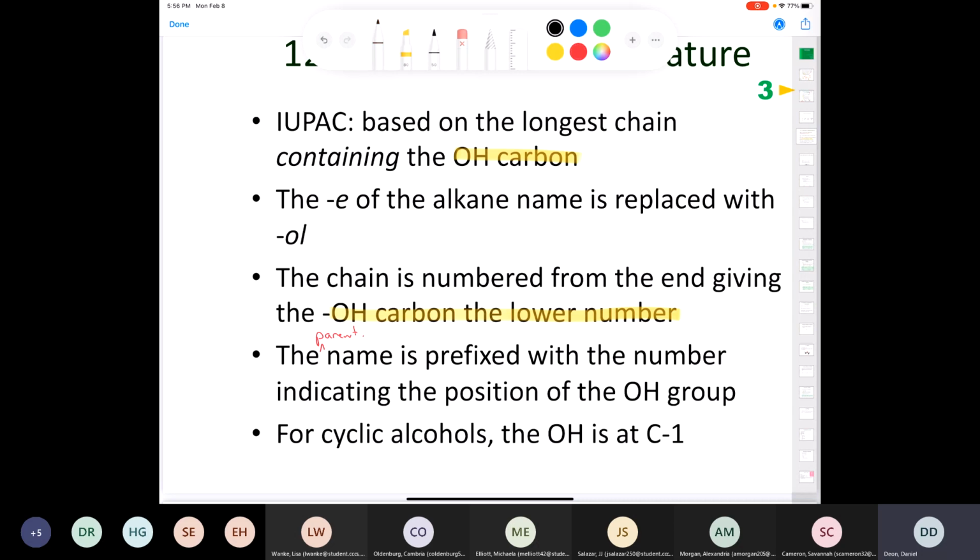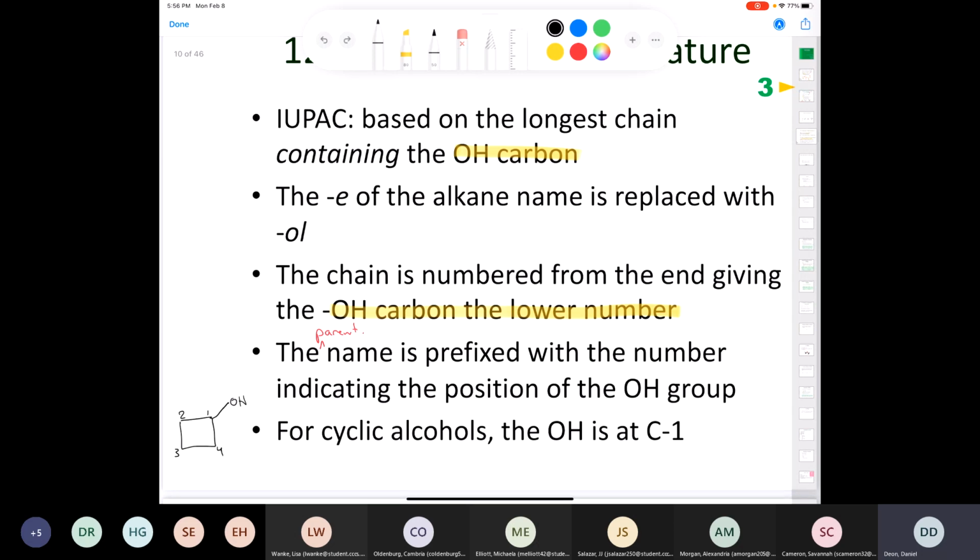So let's say you had cyclobutanol, like we saw here, right? There's 1, 2, 3, 4 carbons in the longest carbon chain. You don't have to put 1 cyclobutanol. That's redundant, right? You already know that the hydroxyl is on this carbon, so that would be just cyclobutanol. Let me explain this rule here, just in case you're not 100% clear. Like again, let's say you had 3 carbons in a chain.